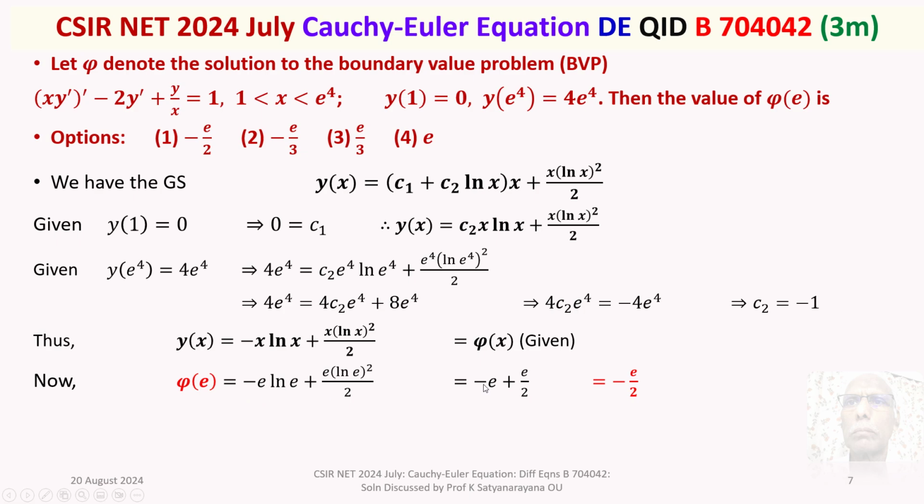So it will be minus e plus e by 2, that is minus e by 2. Therefore, phi of e is minus e by 2. This appears against option 1. Therefore, the answer to this question is option 1.